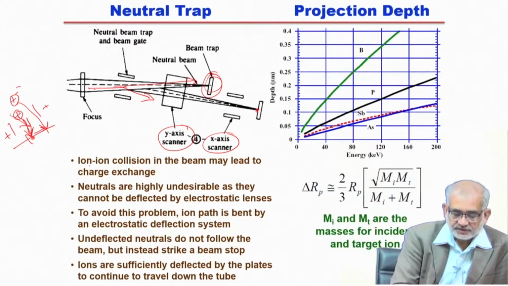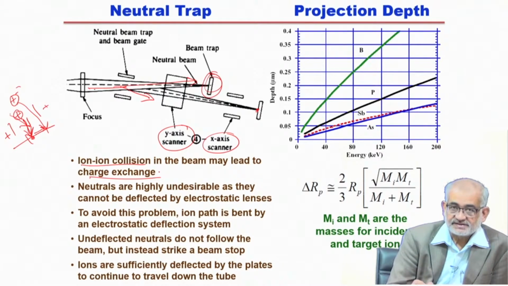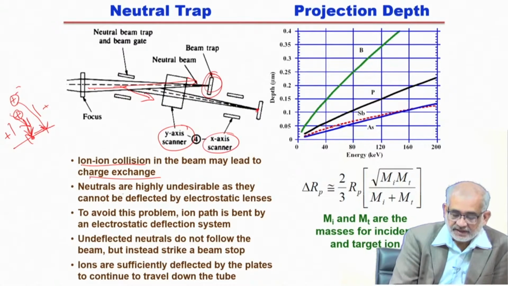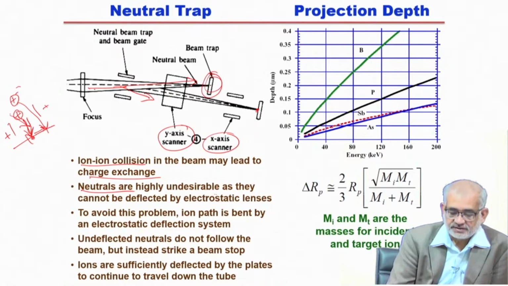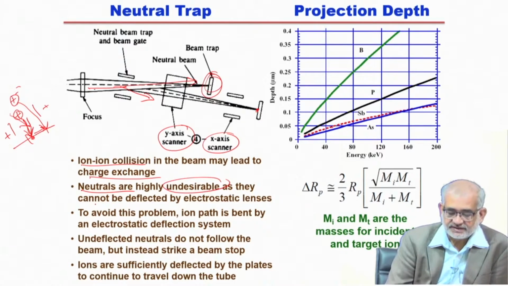So ion-ion collision also may lead to charge exchange. That means some amount of charge exchange can take place, but not between neutral and ions. I already told you that the neutrals are fairly undesirable for the reason I explained.